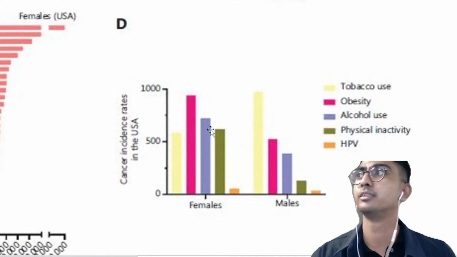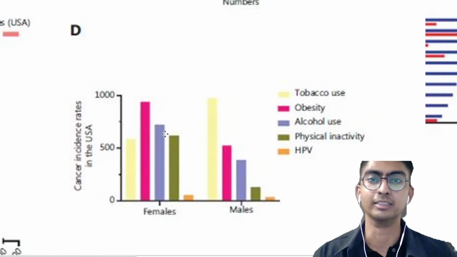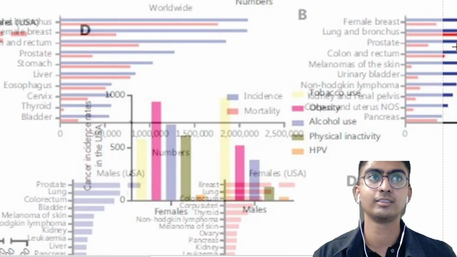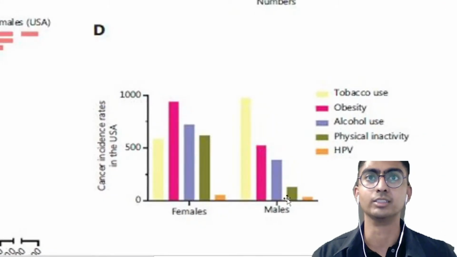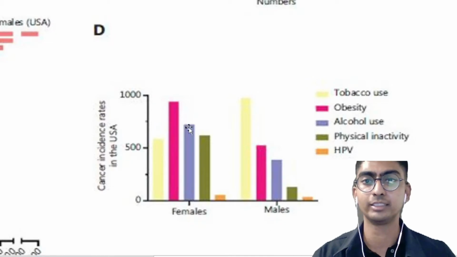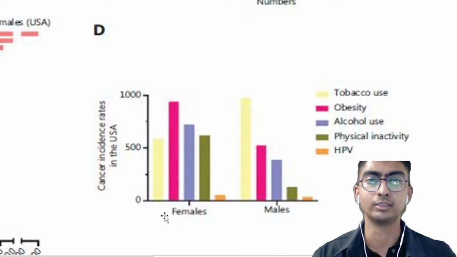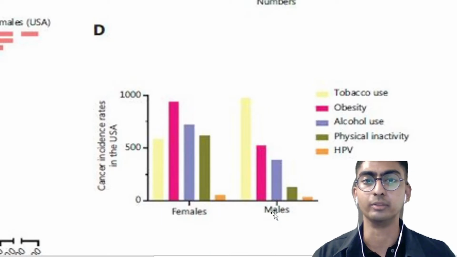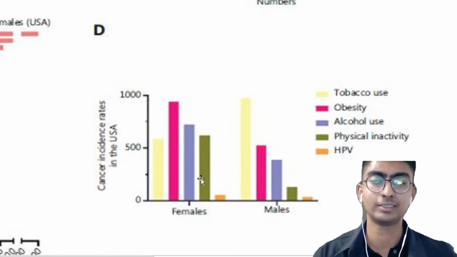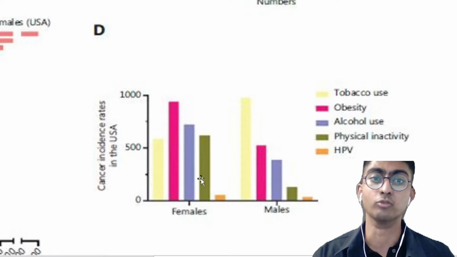In this chart, we can see the cancer incidence rate in the US with a few factors here, the comparison of females and males. Tobacco use is one of the most prominent factors because it will suppress your immune system and also make you a lot more vulnerable to certain cancers and infection.